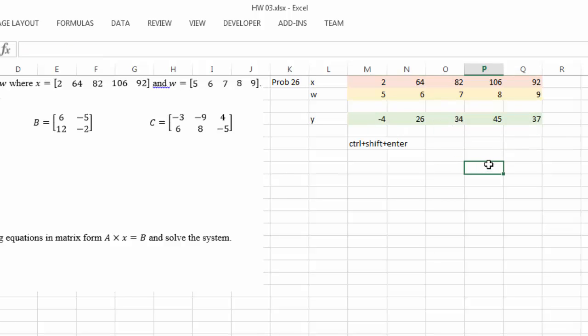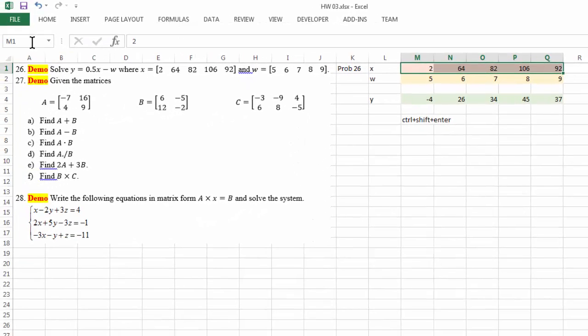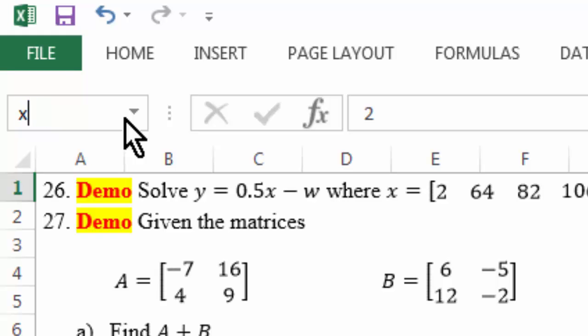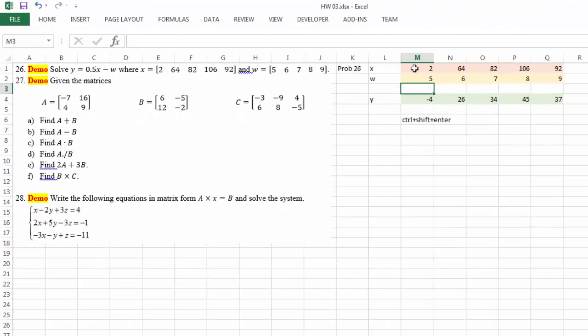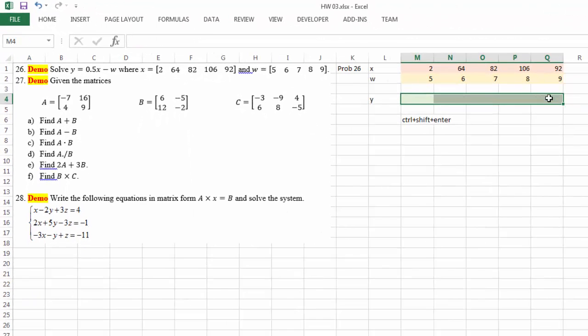You can also do it a different way by naming your matrix. So when I highlight these 5 cells, I can come over here and type in X. So now these 5 cells belong to a matrix that's called X. I can do the same thing for W. And then here, let me clear this.